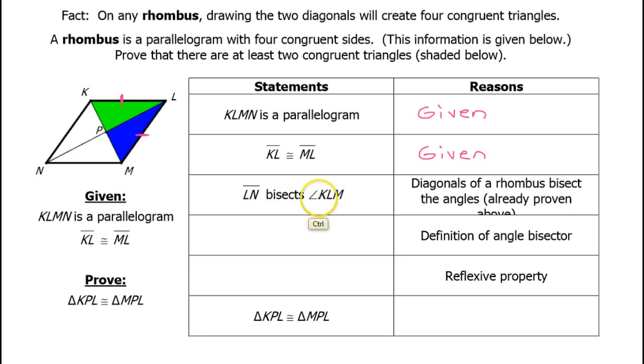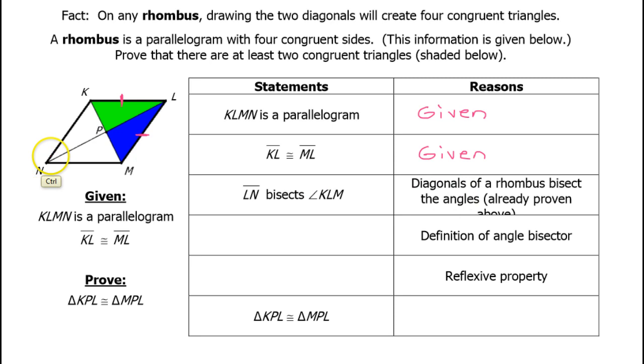LN bisects KLM. Here's KLM, and LN is this angle right here. We're using the property that the diagonals of a rhombus bisect the angles. We can use this because we just proved it in the previous problem. So now we're using that as a postulate.